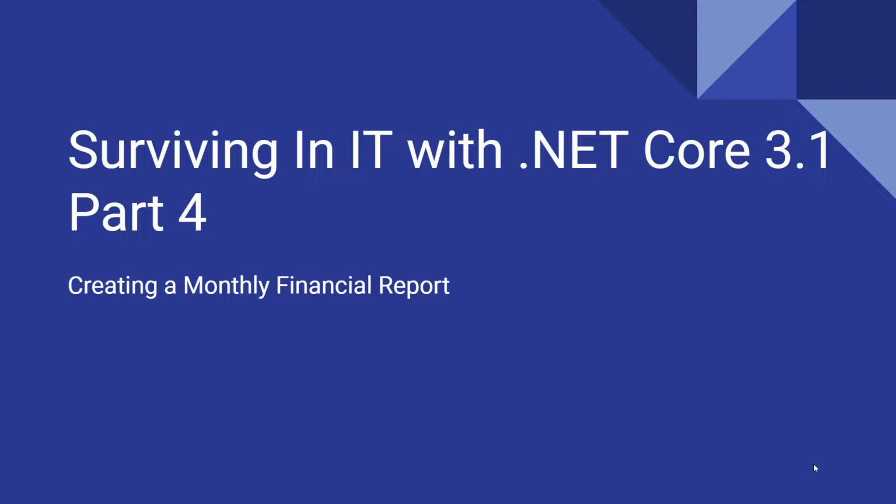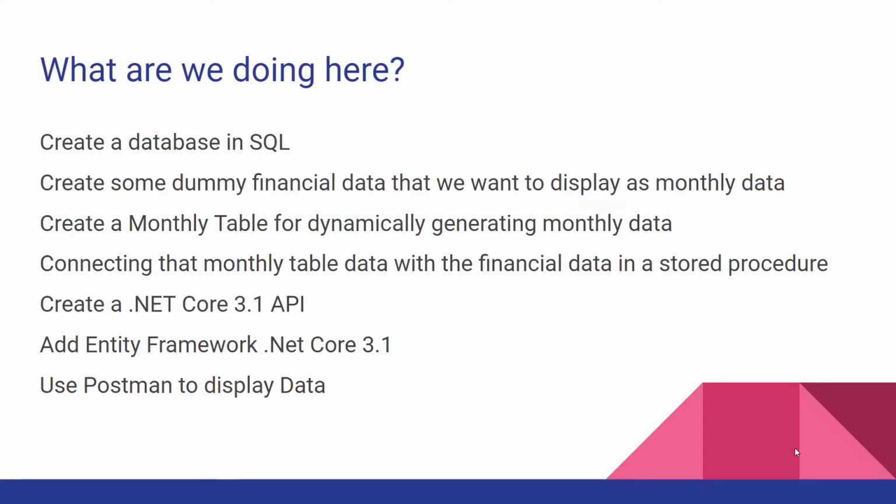Okay, so we're at part four, creating a monthly report. What we've done so far in the series: create a database, create some dummy financial data. I had to recreate that database so I can continue the course. I'm still going to stay with 3.1, even though 5.0 is out, but I will start another series of this and put more fresh stuff in there.